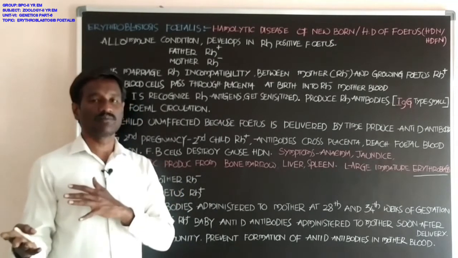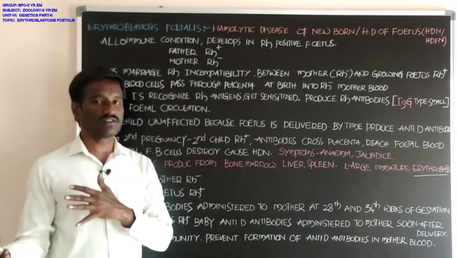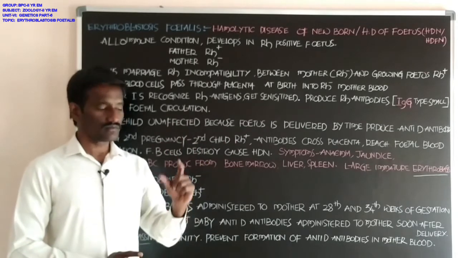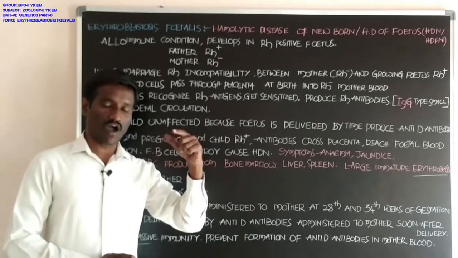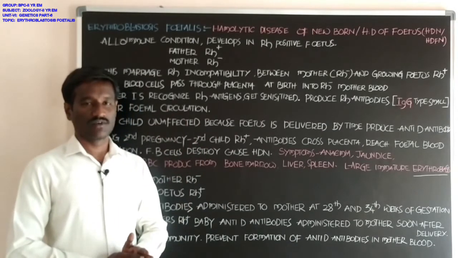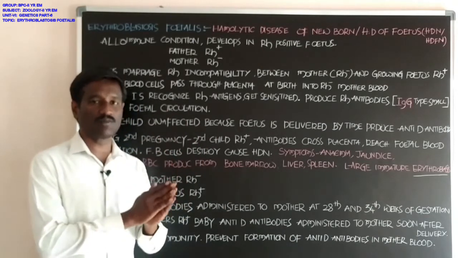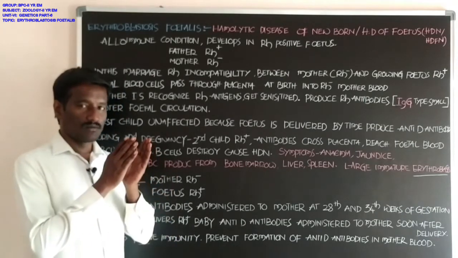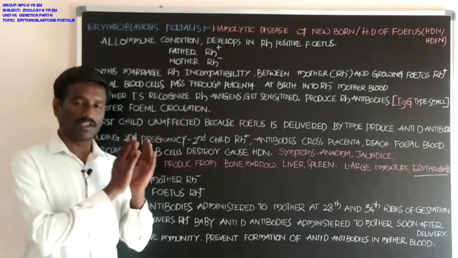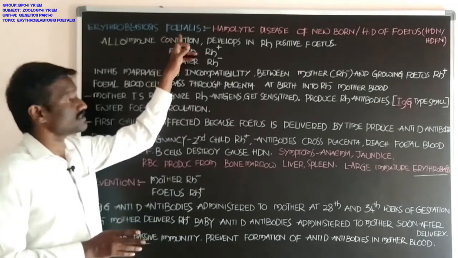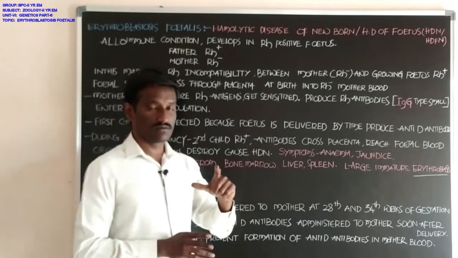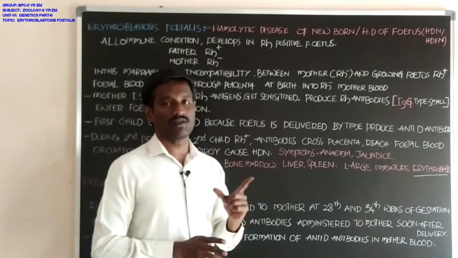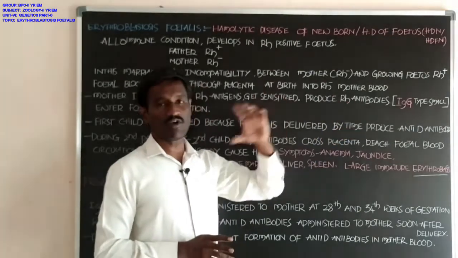By the time anti-D antibodies reach the fetal circulation, gestation is completed. The child is delivered safely without erythroblastosis foetalis, but the mother's body now carries Rh antibodies.